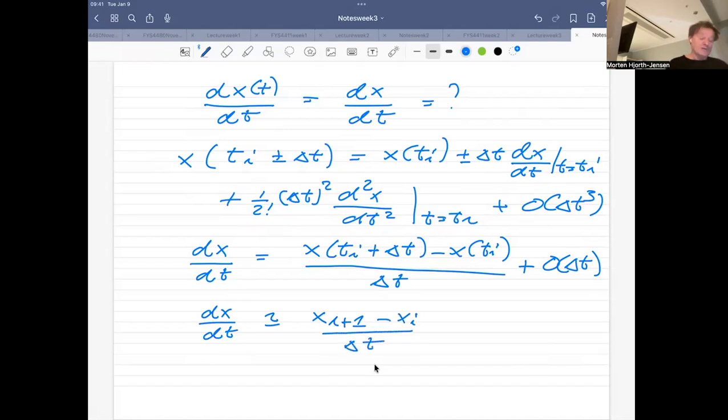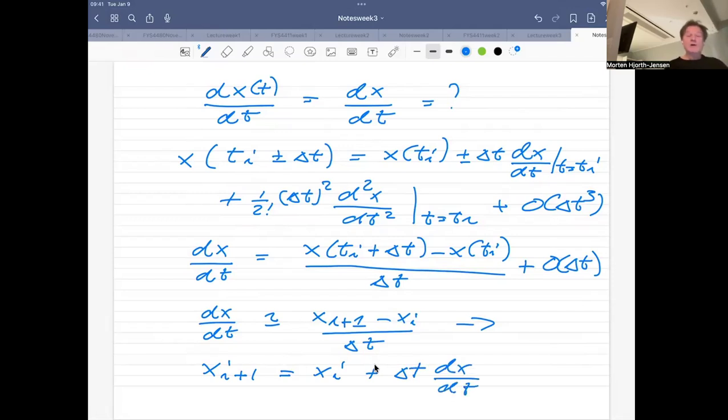And this gives us the recipe for integrating up, which simply tells us that x of i plus 1 is equal to x of i plus delta t times dx/dt.